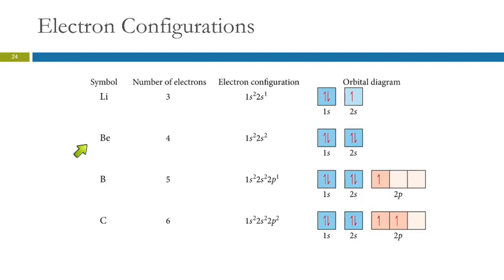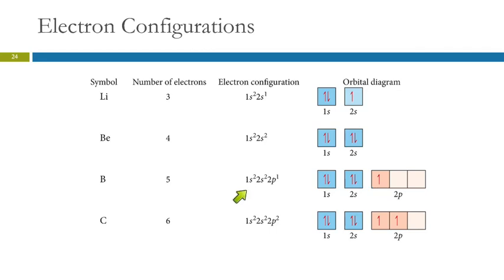Add another electron, beryllium has 4. That next electron is going to pair up in the 2s orbital, and now the electron configuration is 1s2, 2s2. For boron, 5 electrons. The 1s room and the 2s room are full. This electron's going to have to go into the next most expensive room, the next higher energy sublevel, which is 2p. And so he's going to occupy one of the beds in there.